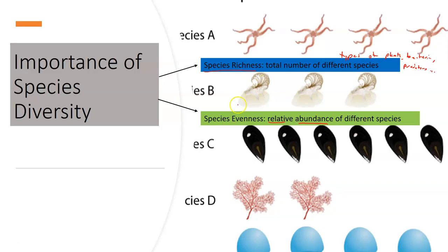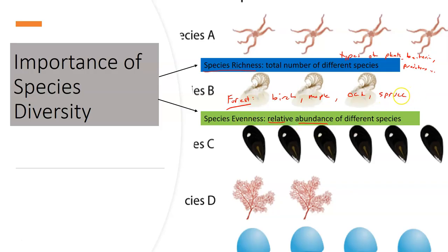So species evenness is, so let's say amongst our plants, let's say I have a forest with birch trees, we have maple trees, and we have oak trees, and let's say some spruce or something like that.